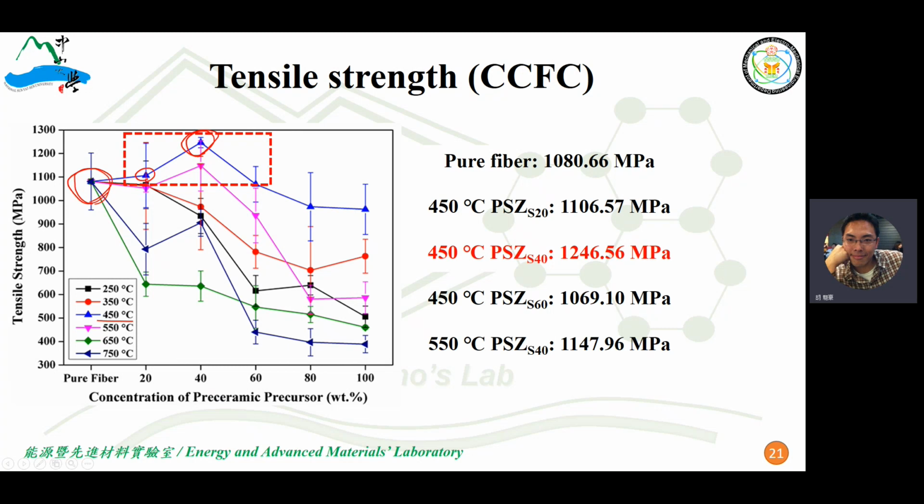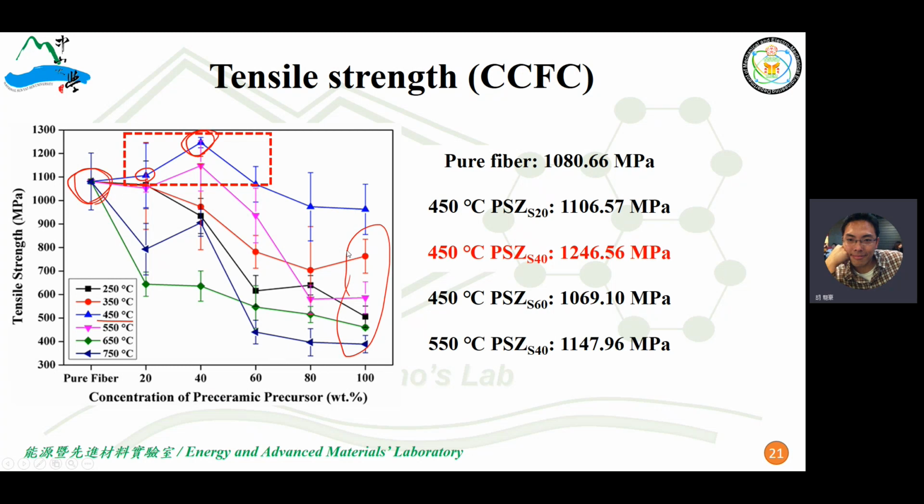However, when we use pure polysilazane preceramic precursor, its UTS drops, lower than that of the pure carbon fiber, right? You see here.